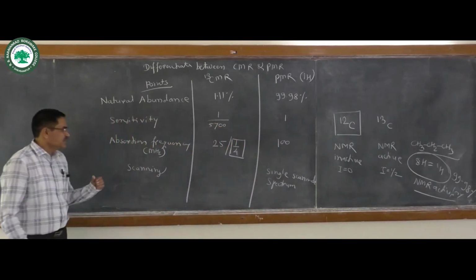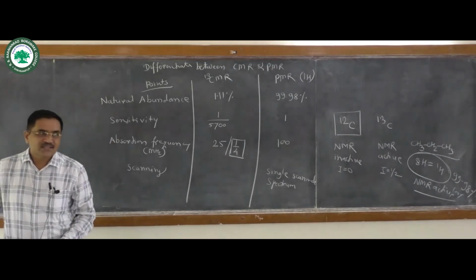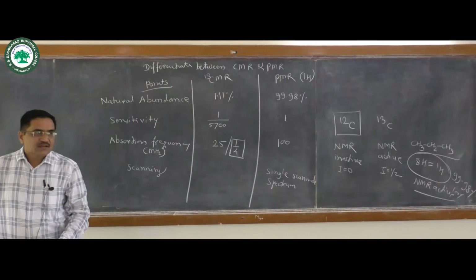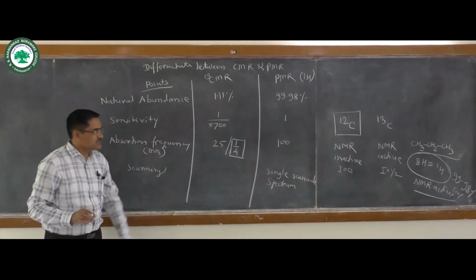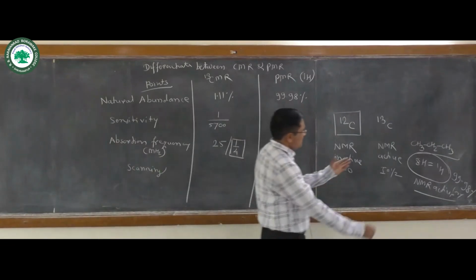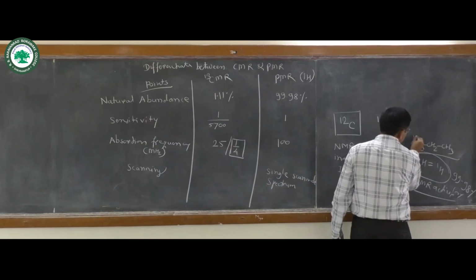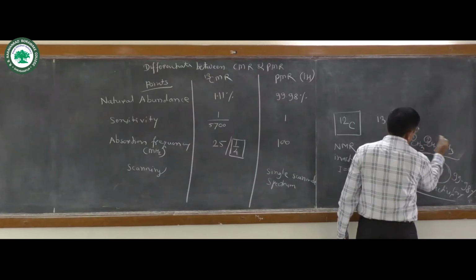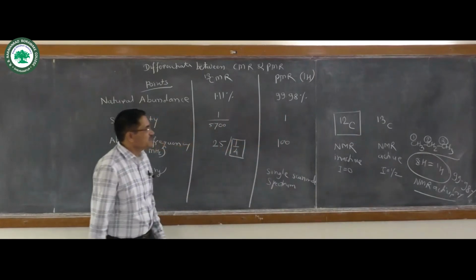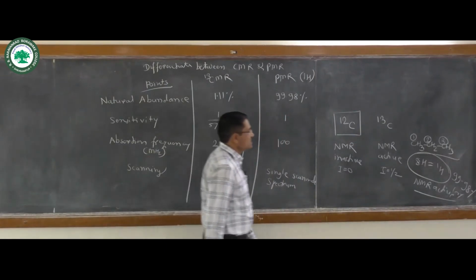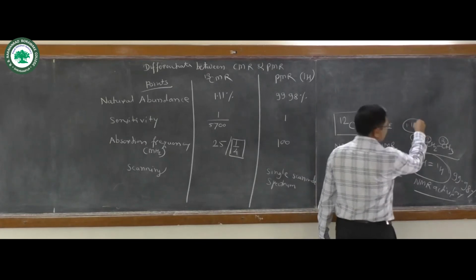but in CMR there is somewhat difficulty, that is, not every carbon is 13C. We take this example again. Suppose we consider there are 3 carbon atoms and we note here 1, 2, 3. Now probability of this first carbon atom being 13C is only 1.11%.